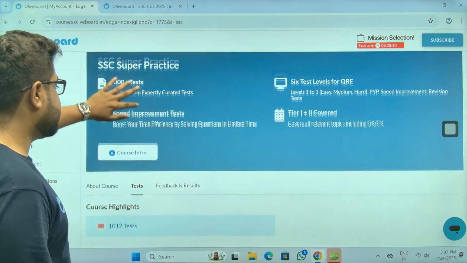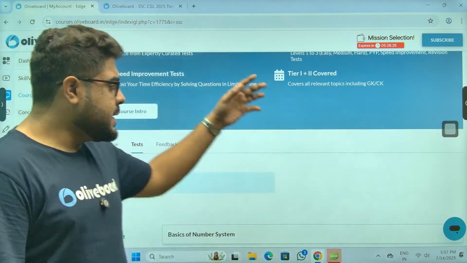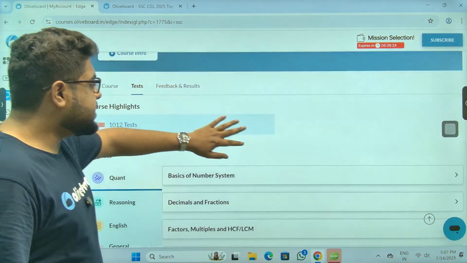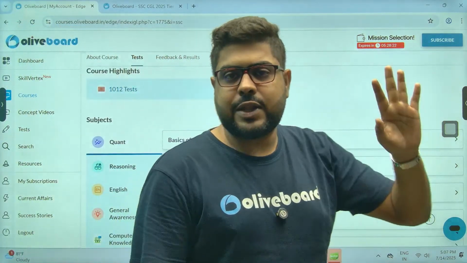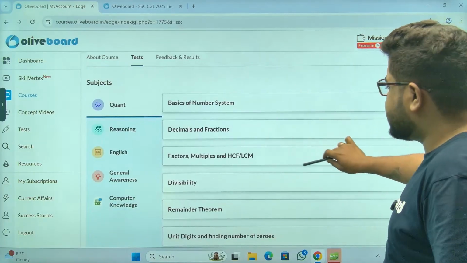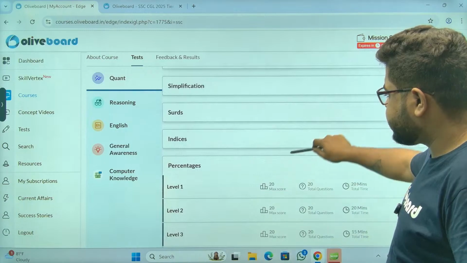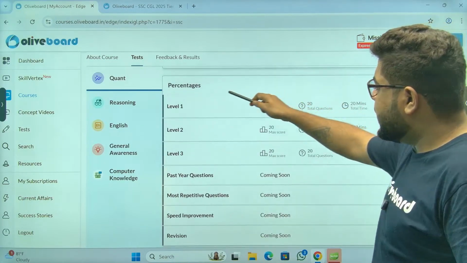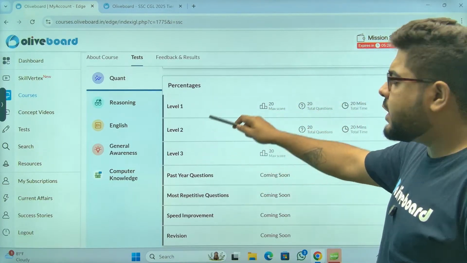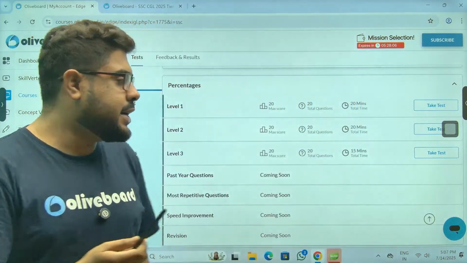Just before the CGL and CHSL examinations, this might be the best practice tool you can get your hands on. How to do the practice? Go into anything, say simplification, say percentage. You will find levels 1, 2, 3 of QRE, and level 3 will be the hardest.